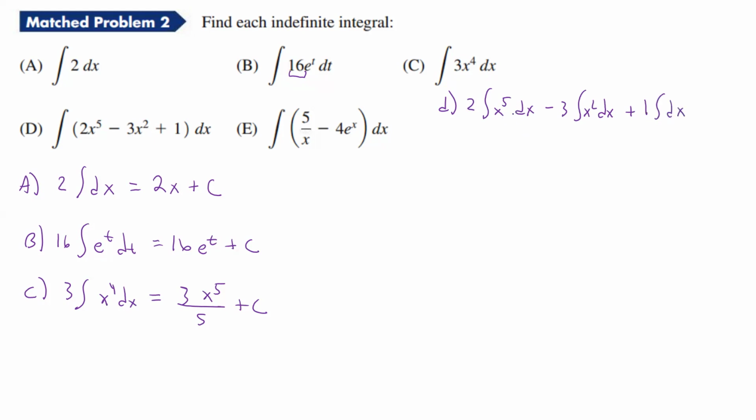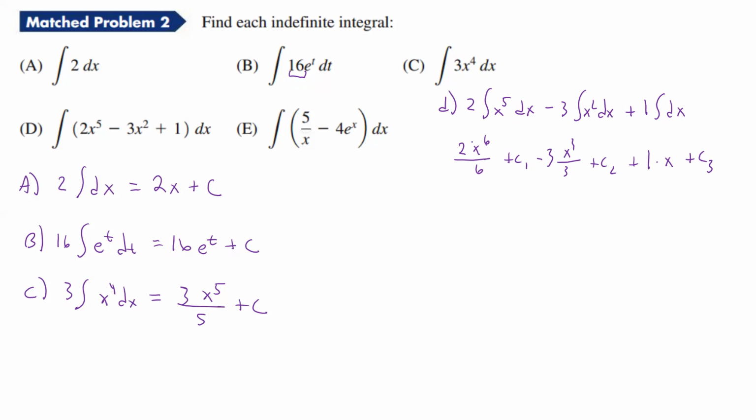The first one is going to be 2x to the 6th over 6 plus c1, minus 3 times x to the 3rd over 3 plus c2, plus 1 times x over 1, but over 1 doesn't mean anything, plus c3.